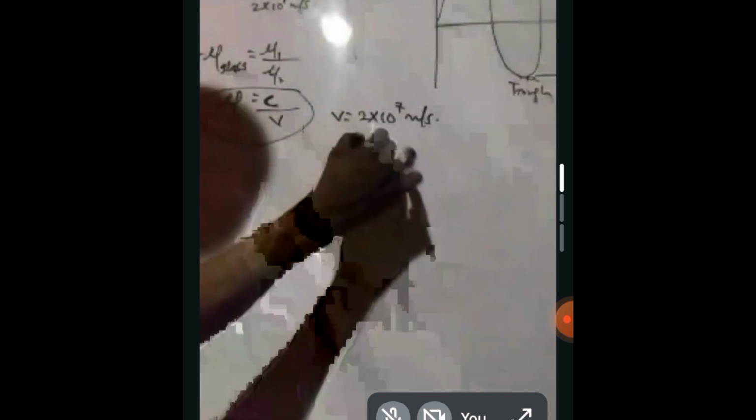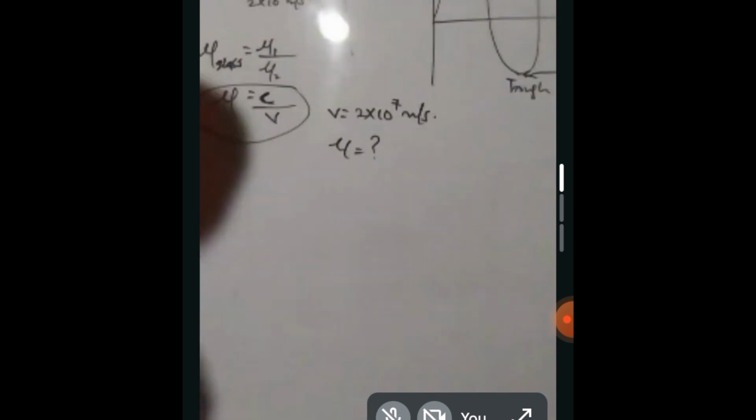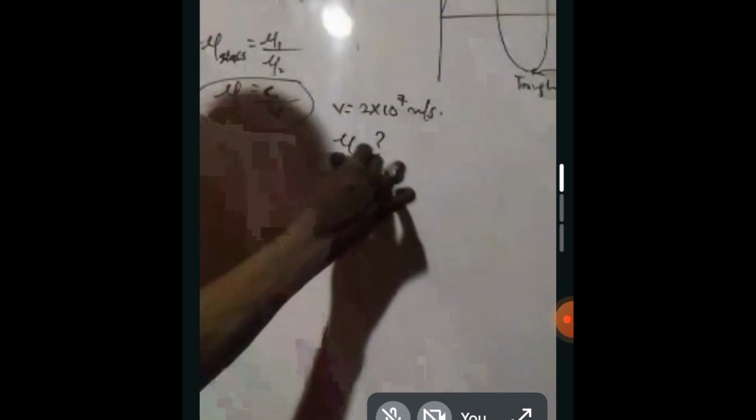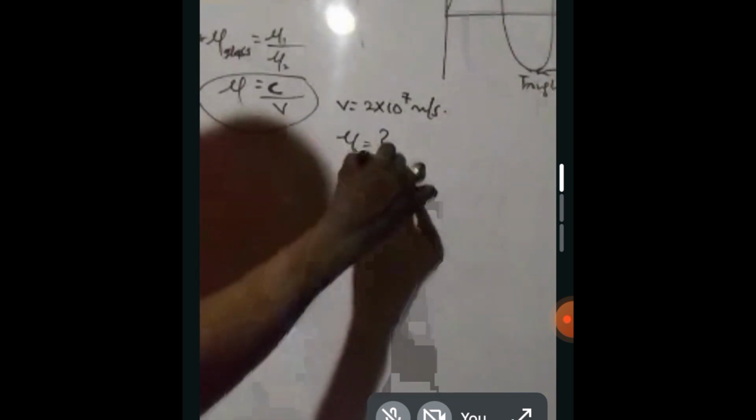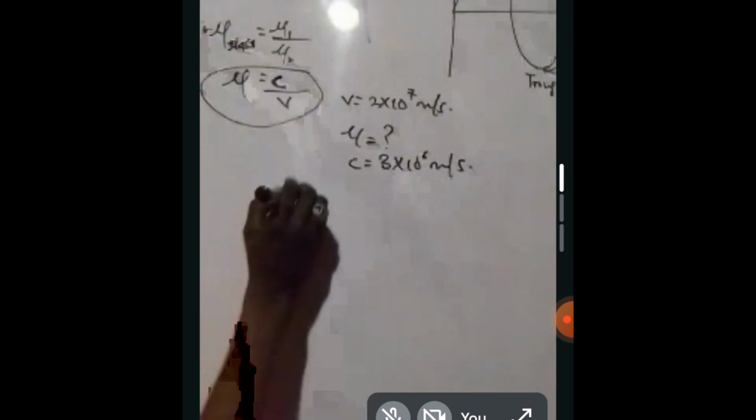So now, we are asked to look for the refractive index. We know that C is the speed of light, that's 3 times 10 raised to power 8 meters per second. Now, it's very simple. Use the formula.